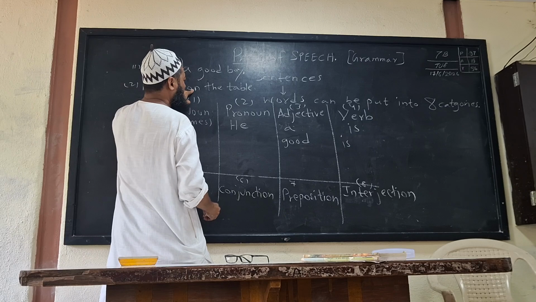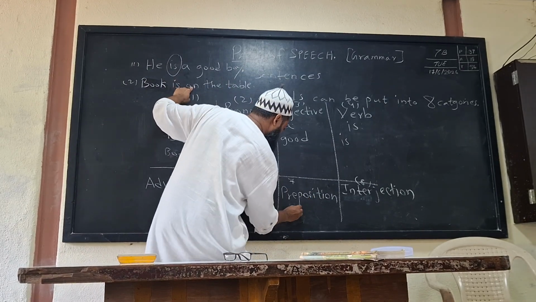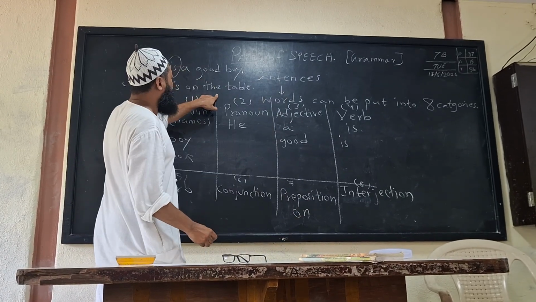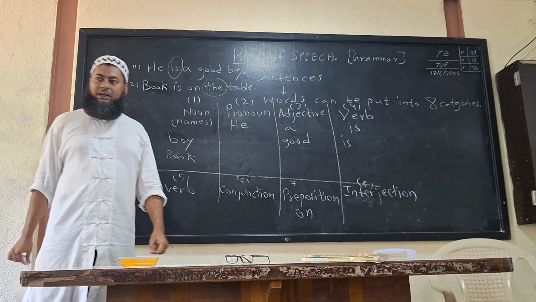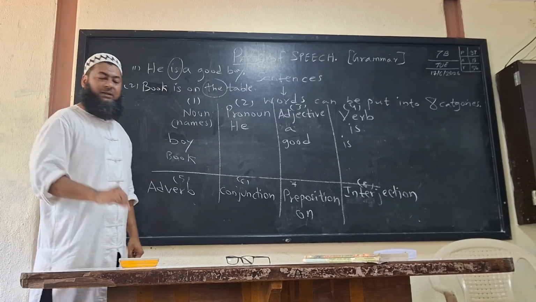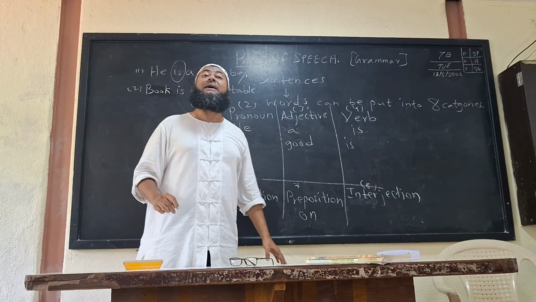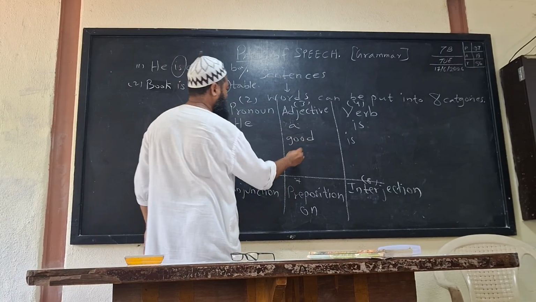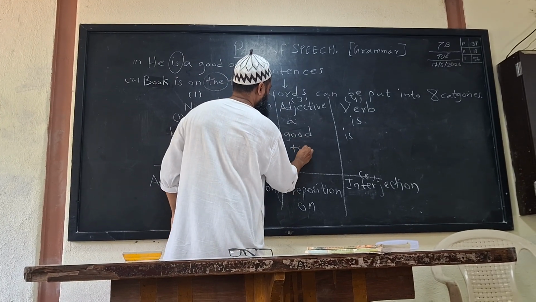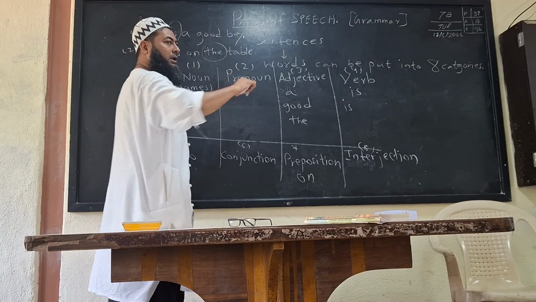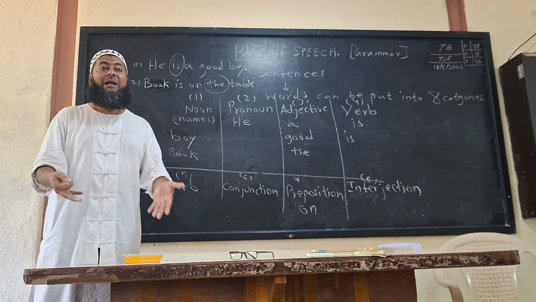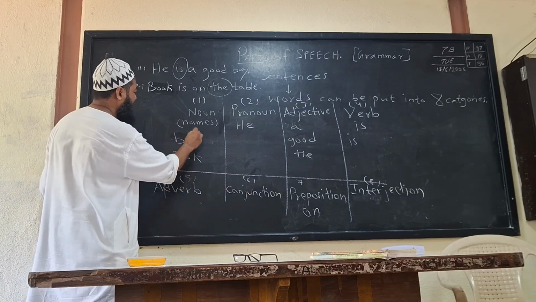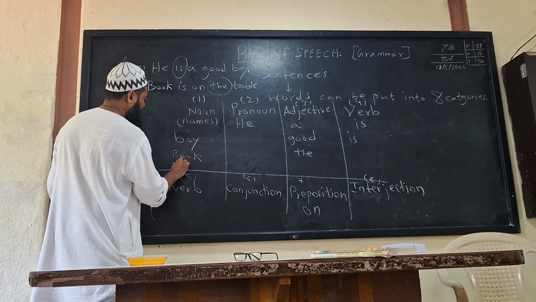Here, on is what? Preposition. And then, the is an article. So, the we leave. It could be a demonstrative adjective, you can put it here. And table. Table is what? Noun. Again, noun. Name of a thing. So we put table here in the category of noun.